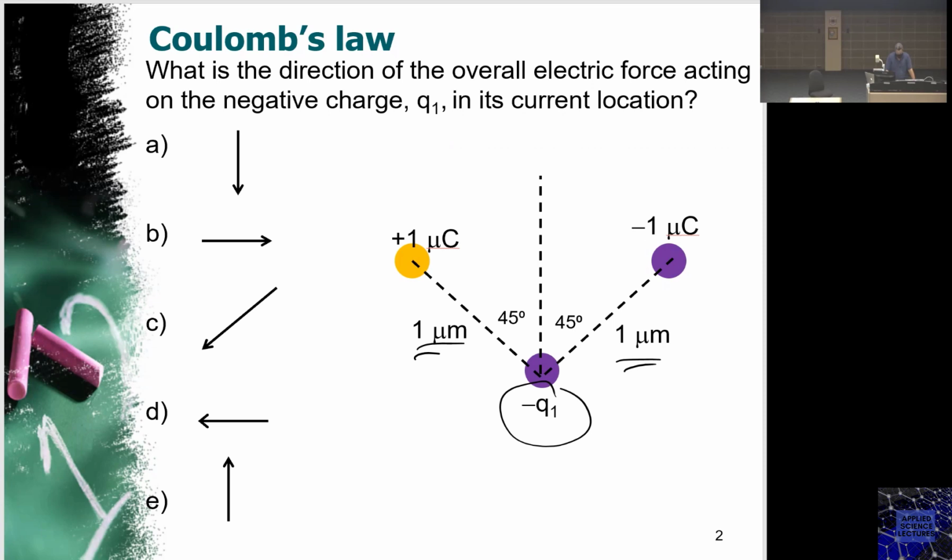We need to identify the correct direction of the total force exerted on the minus Q1 charge. Which answer do you think is the correct answer for the total electric force exerted on the minus Q1? Is it A, B, C, D, or E?